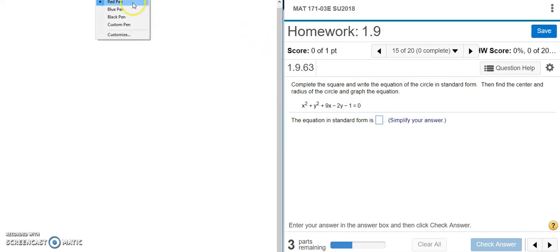So when we're looking for standard form, we need our answer to look something like this, okay? This is kind of our goal. Okay, that's standard form.